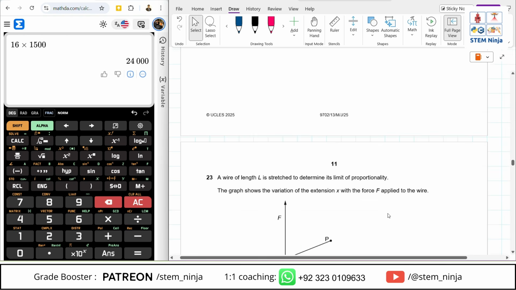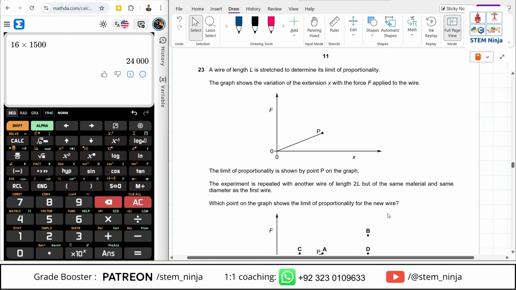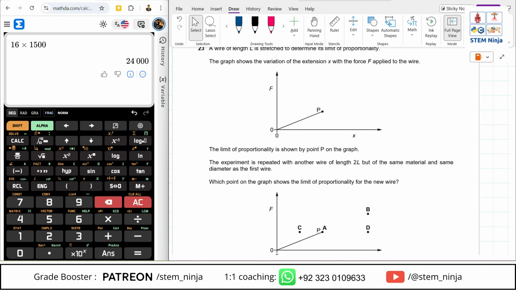Okay, moving on. A wire of length L is stretched to determine its limit of proportionality. The graph shows the variation of extension x with the force F applied to the wire. Limit of proportionality is shown by the point P on the graph. The experiment is repeated with another wire of length 2L but of the same material and the same diameter as the first wire.